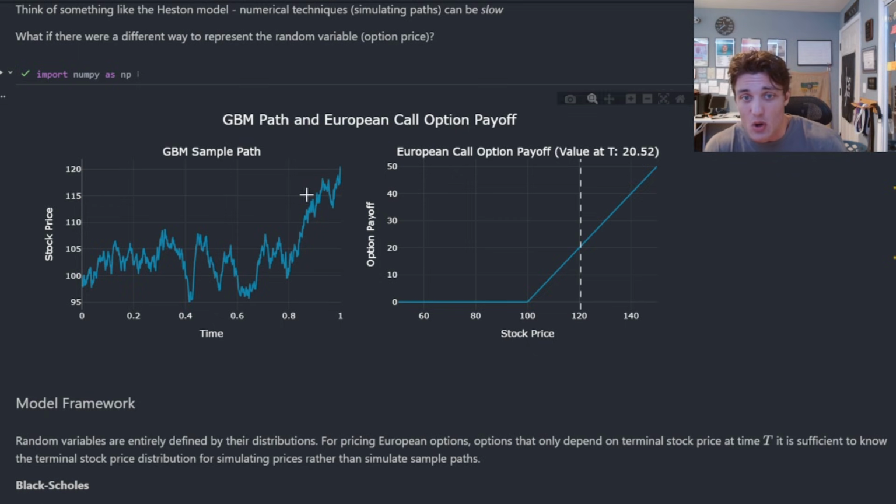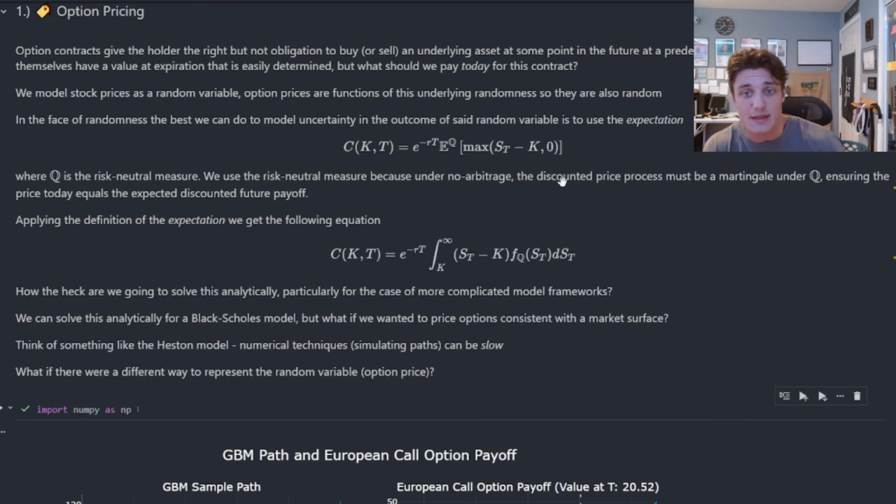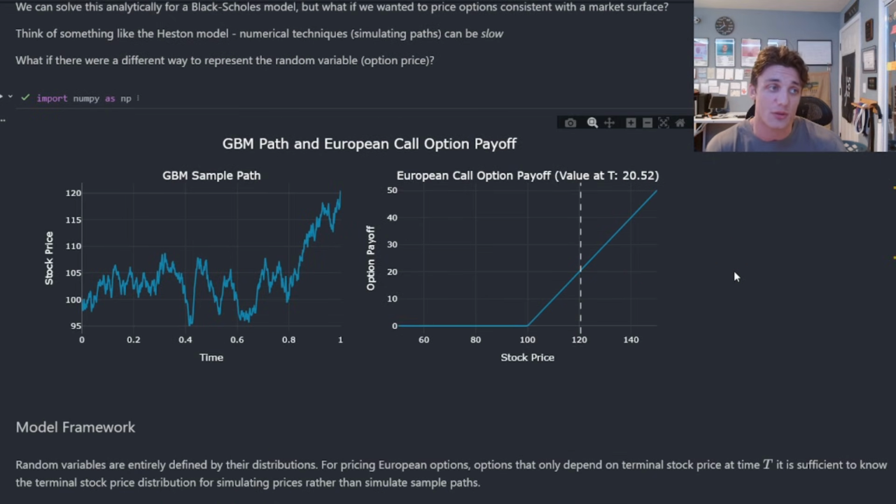And based on all of the places where the stock price ends, I'm just going to take the average value of all of the payoffs of the corresponding options. And that's going to give me the fair price of the option contract. It's going to tell me how much I should pay today for this possibility of a payoff. That is exactly what this equation is telling us. So this is how we go about pricing options in a Black-Scholes framework.